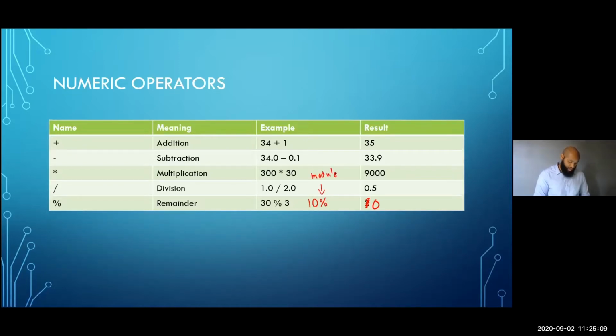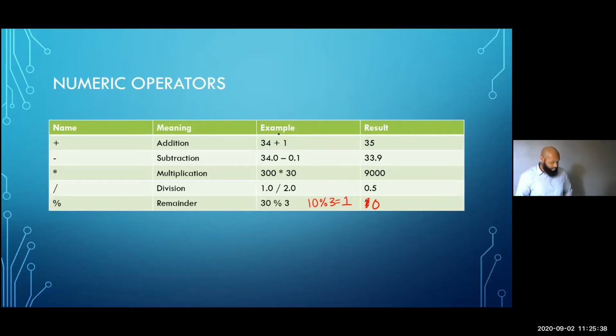Modulo, I hope I spelled that right. That's what the little symbol is called in this equation. 10 modulo 3, right? 3 goes into 10 3 times, right? 3, 6, 9, with 1 left over. So the answer to that one would be 1.